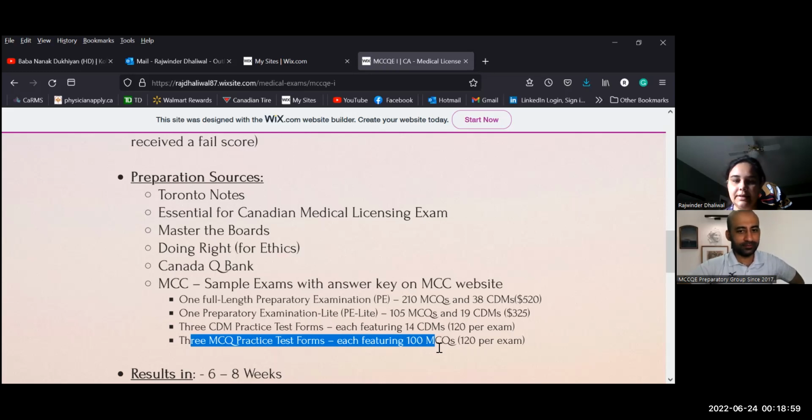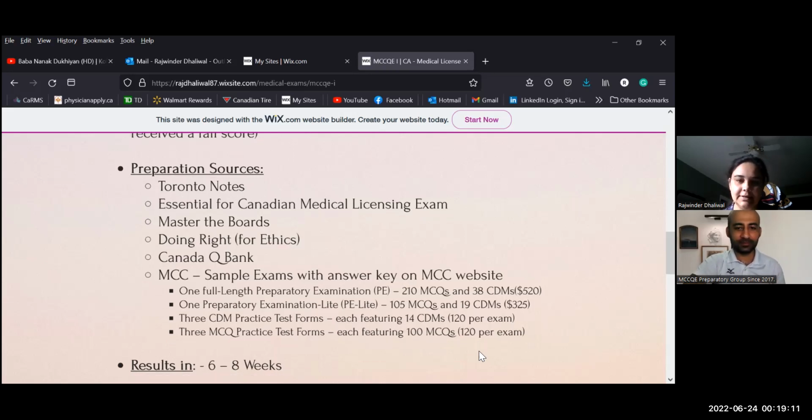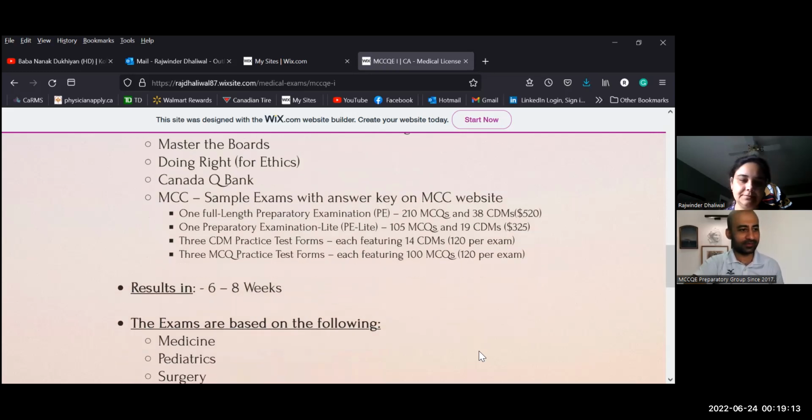It's a lot, expensive. I'm pretty sure I spent more than $1,500 on this site when I was preparing for the exam. But I feel like it was worth it. Results usually come in 6 to 8 weeks.